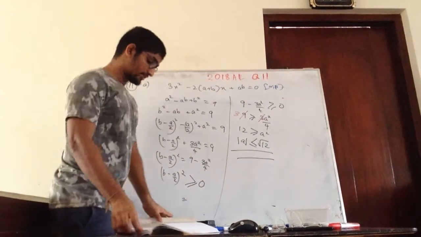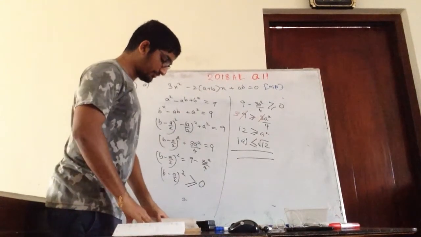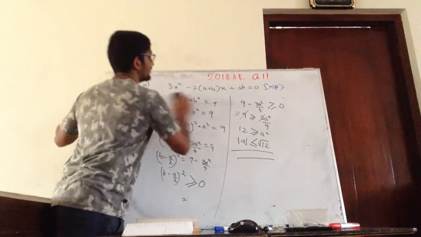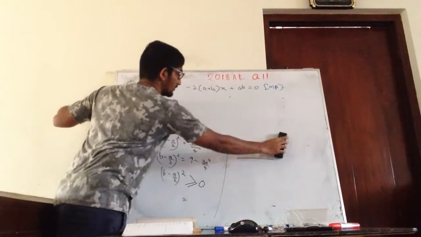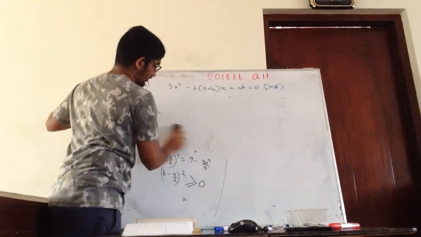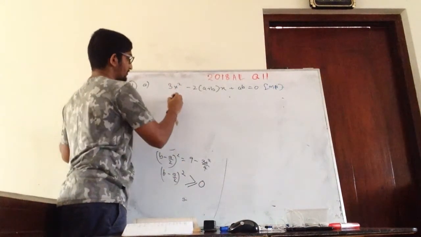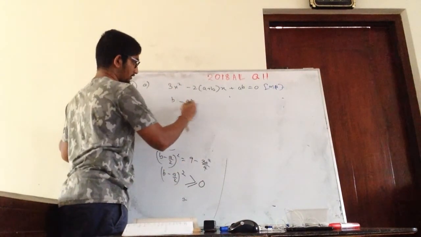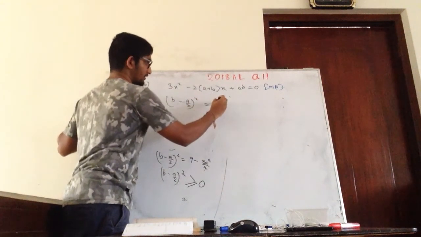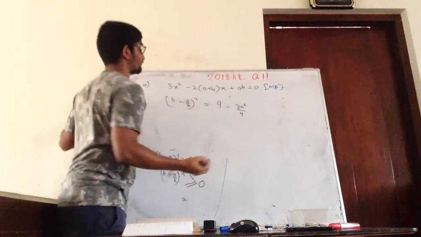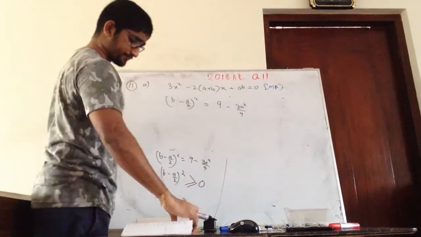Right. So now they are saying find b in terms of a. Okay. So now that is more or less straightforward. So you know that b minus a over 2 squared is 9 minus 3a squared over 4, right?